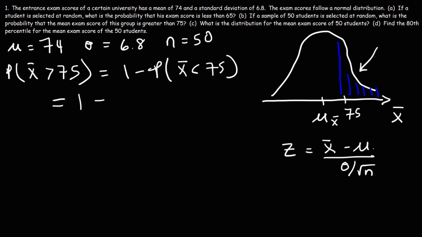So now let's use this formula to get the z-score. So this is going to be 1 minus the probability that z is less than x bar being 75, minus the mean, mu, which is 74, over the standard deviation, which is 6.8, divided by the square root of n, and n is 50.